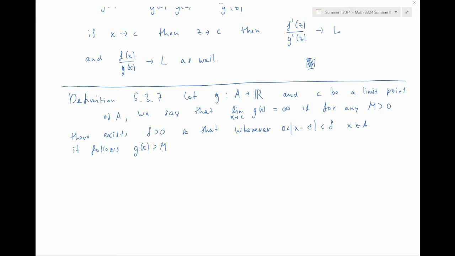So we can make it to be always larger than 1,000,000 or 1,000,000,000, etc. It's just we have to find a small enough interval around c to do it.